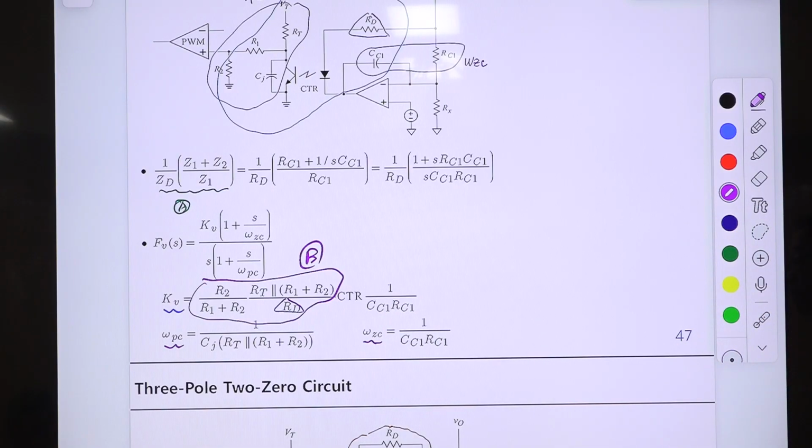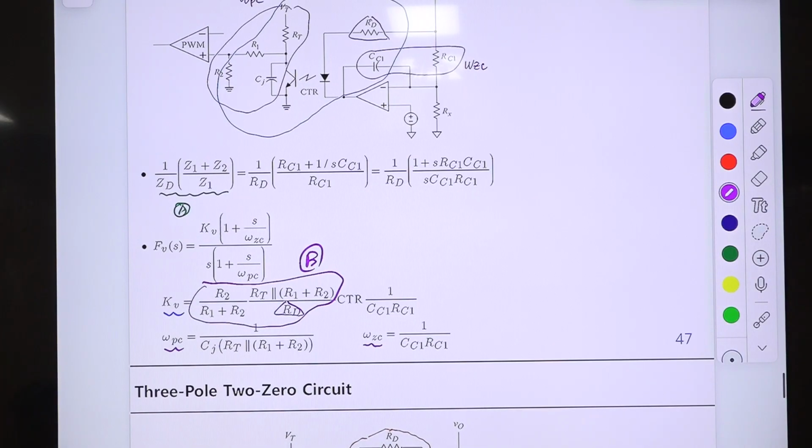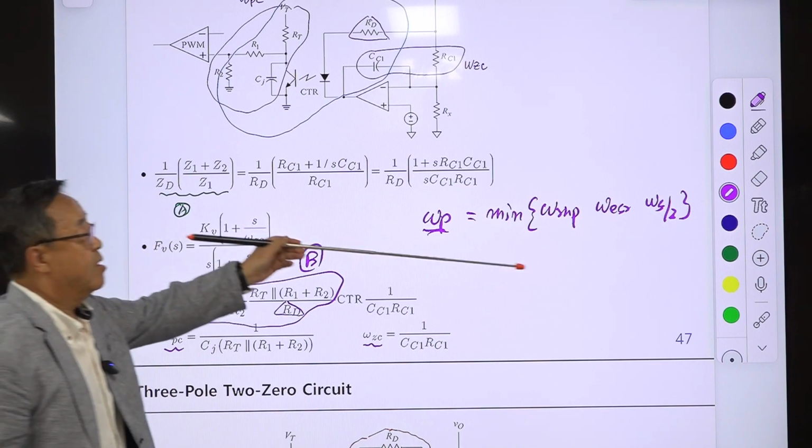It comes earlier, and this omega PC should be located at the minimum of 3 candidates: omega RHP 0 of the flyback converter, ESR 0 of the flyback converter, and the switching frequency. Omega S is the switching frequency of this converter. So this should be placed at the minimum of these 3 frequencies.